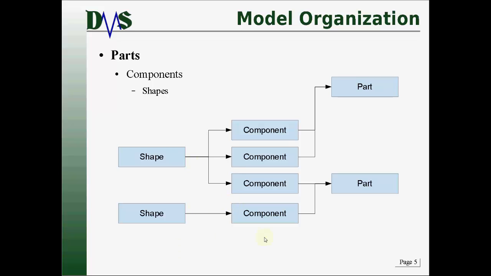So the important thing to remember is that parts can have 1 or more components, and a component can only have 1 shape. Each component will only feed from 1 shape, but that single shape could be used in more than 1 component. I know it's a little hard to think of at first when you work out all the numbering, but just look at this diagram and that explains pretty clearly what all your options are for structuring and combining components, shapes and parts.